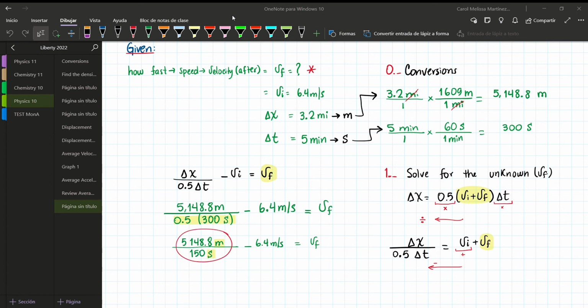From this division, guys, I got 34.32, 33 rounded. The units are going to be meters up, seconds down, so it's going to be meters per second.